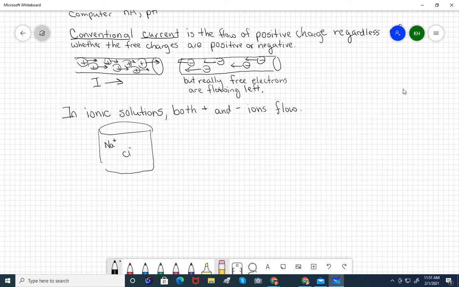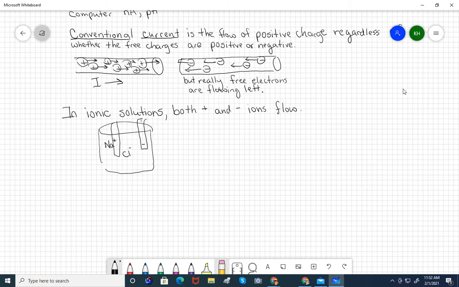If you put in some electrodes, take a couple of pieces of metal and put them in here and connect them, well, the positive will move towards the negative electrode, and the negative charges will flow towards the positive electrode. So if you have an ionic solution, where you have free moving positive ions and free moving negative ions, they both might flow.